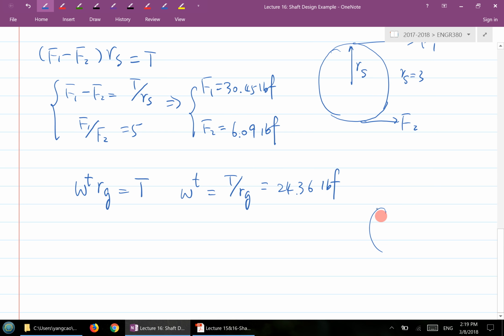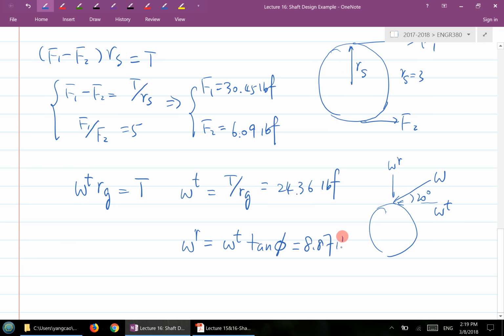If you recall, when you have a gear and W is acting on the gear at a pressure angle of 20 degrees, this is your WR, and this is the WT. Once you know WT, you can calculate WR using simple trigonometry. So WR equals WT times tangent of the pressure angle phi. Phi is 20 degrees, WT is here, so that gives us 8.87 pound-force.